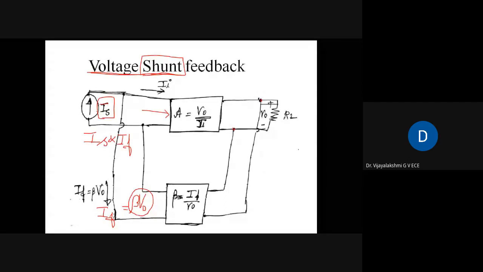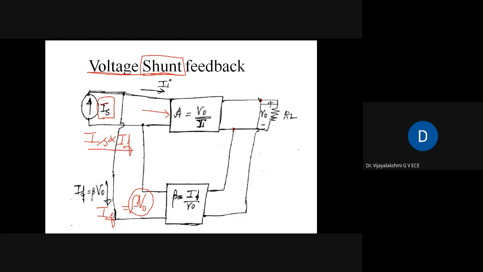So if you remember the concept of feedback, after mixing, the mixed signals are applied to the amplifier to form the input. So IS and IF are combined to form II. So the gain of this amplifier is V naught divided by II. So what is V to I? It is a resistance. Fine. So this is about voltage shunt feedback.